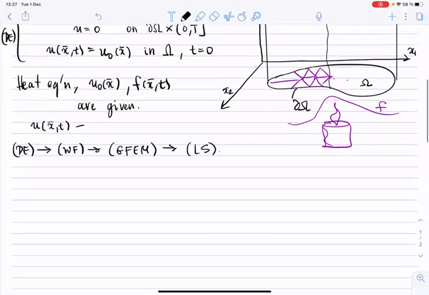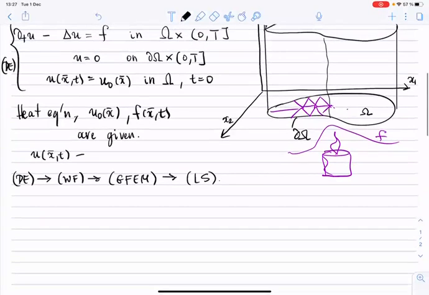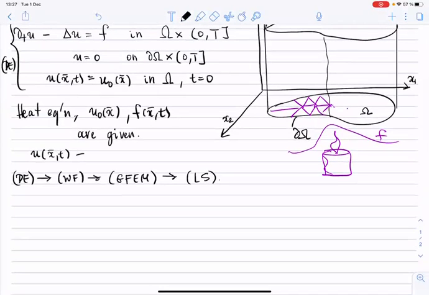So yeah, to write the variational formulation, what we need to do, as usual, is take the differential equation and multiply by some test function. At the time being, we don't know what the space of this test function is, and we integrate.